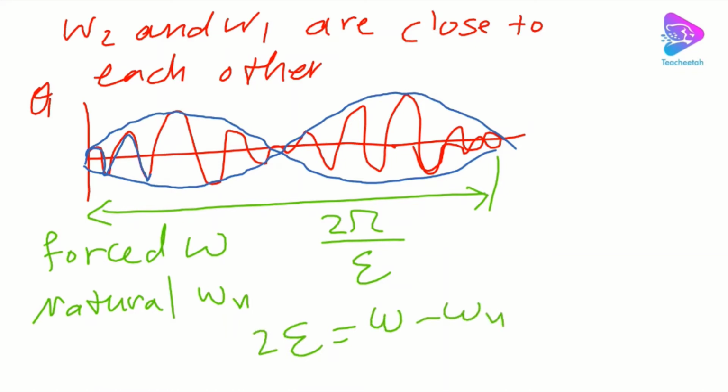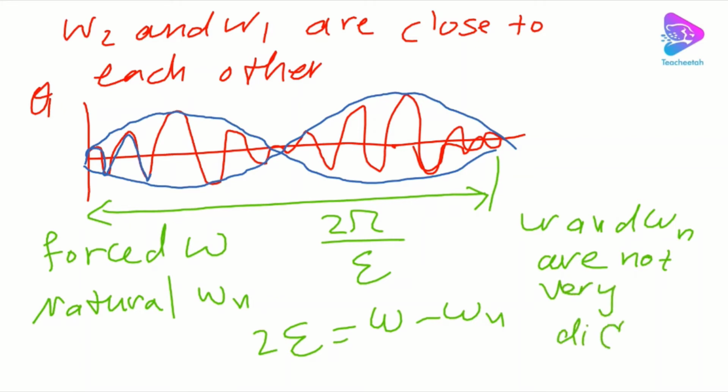So as long as omega and omega n are similar, but let's say not very different, we also have a beating.